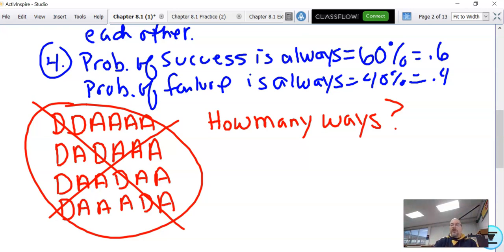Well, ladies and gentlemen, we don't care which two customers buy digital. We want to know how many ways the two customers out of the 6 can be chosen. That is a combination, folks.